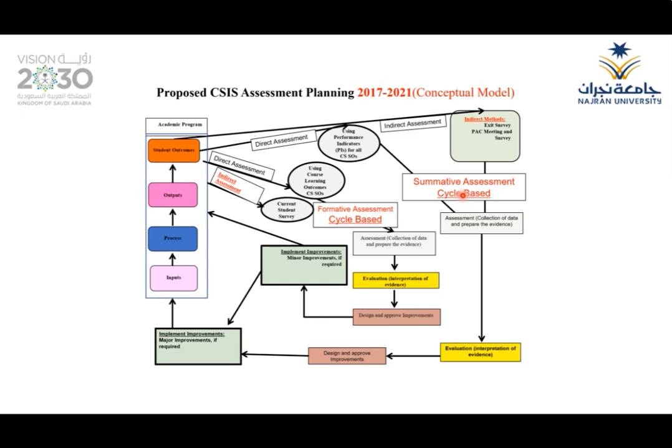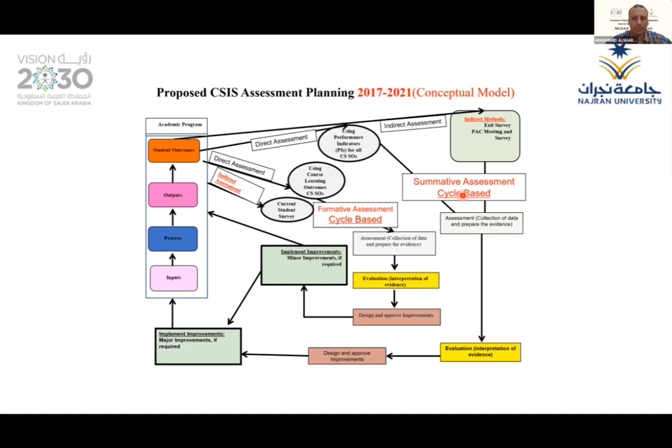We should use it to introduce modifications in our program, for example modification in the program learning outcomes and the curriculum also. Why does it take this time to modify the program? It's clear.